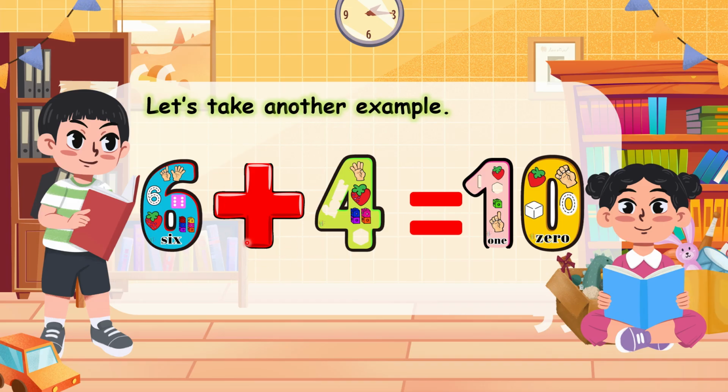In addition, we use this plus sign for us to know that we are adding, or that we are combining numbers. 6 plus 4 equals 10. Now, what are the addends? Is it 10? No, it is 6 plus 4. Very good. And what is the sum? It is 10. You're right.